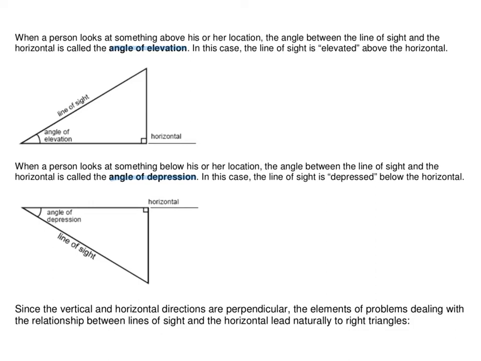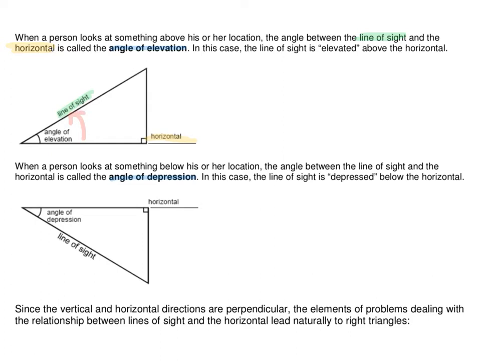We can see here that the line of sight is your vision constructing the hypotenuse of a right triangle, and that the horizontal is the base of the right triangle. We end up with an angle of elevation because you're looking from the ground up.